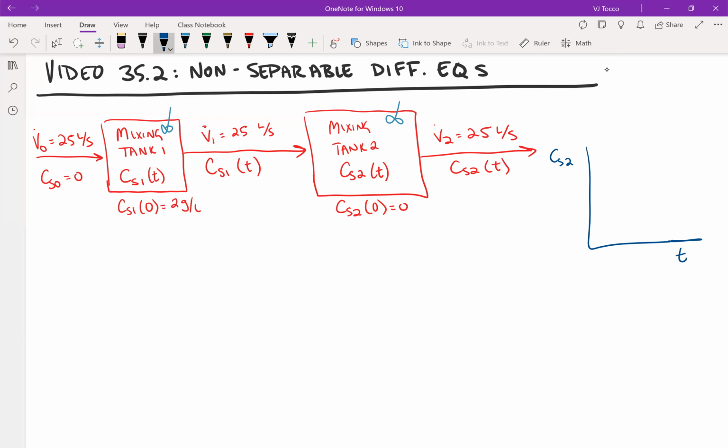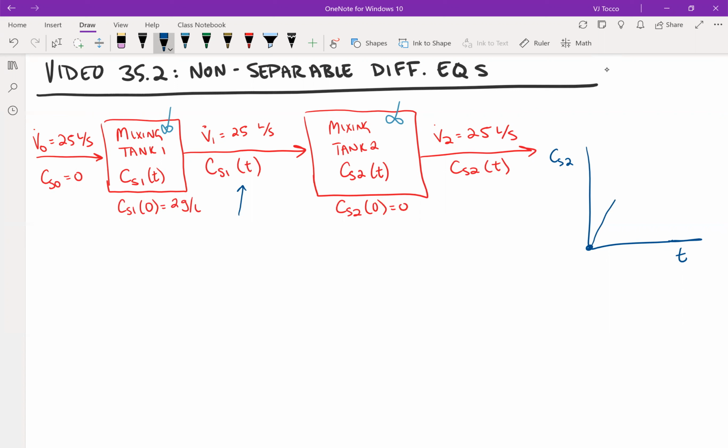I know it's going to start at 0, because that, again, is my initial condition. But it is going to start to increase, because right after time 0, I'm going to be inputting salt water into this tank with an initial concentration of 2 grams per liter.